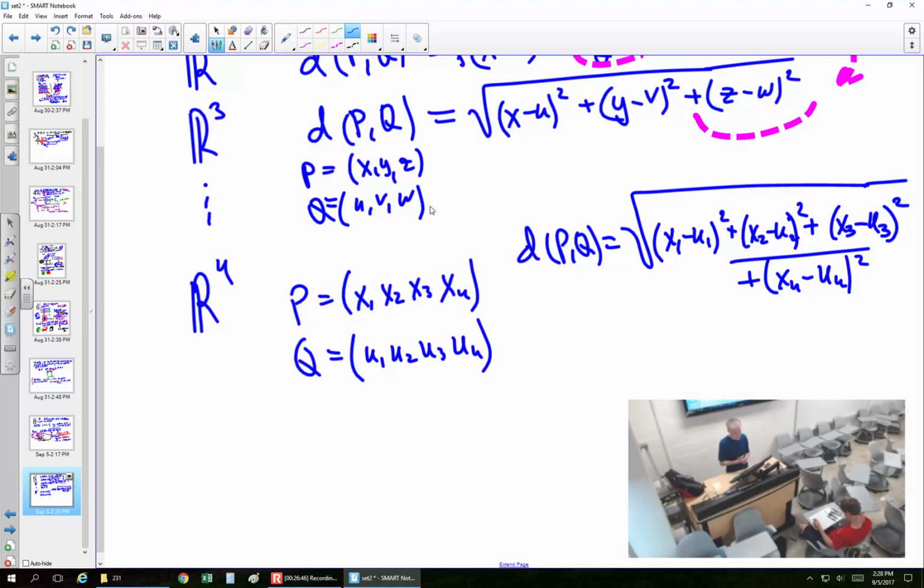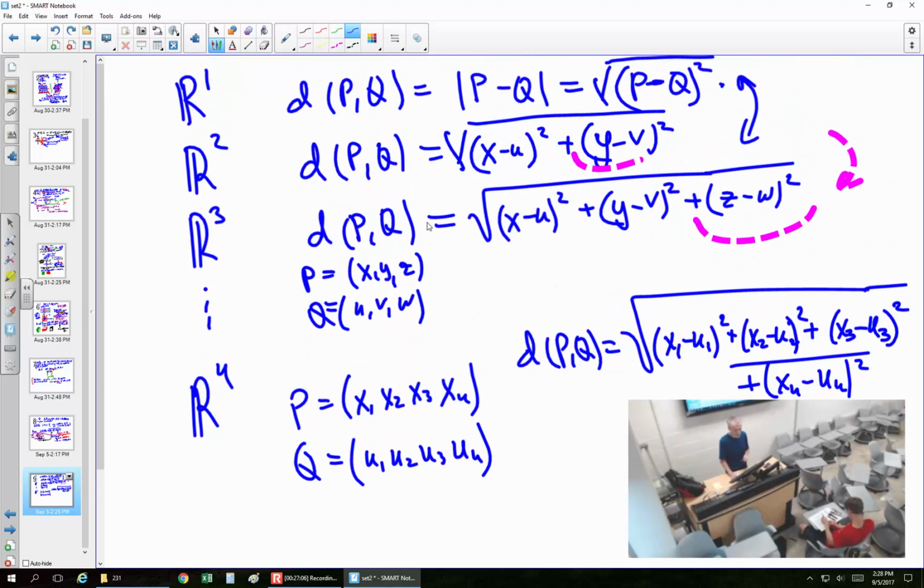So d stands for distance. See how I am using this very compact notation on the left, P and Q, and then there is possibly a long formula because it's expressed in terms of all the coordinates. We still need to justify it because at this point this is nothing but thinking by analogy.